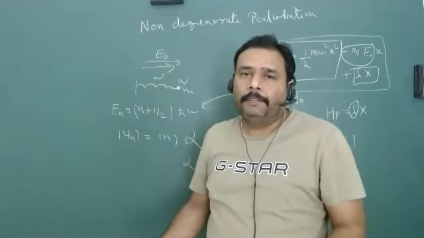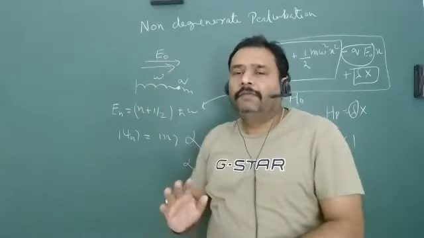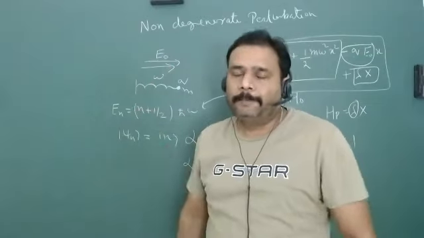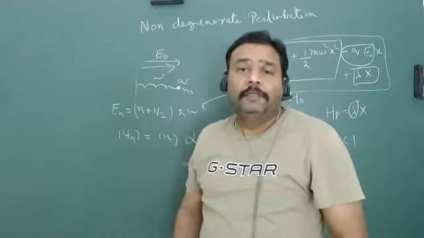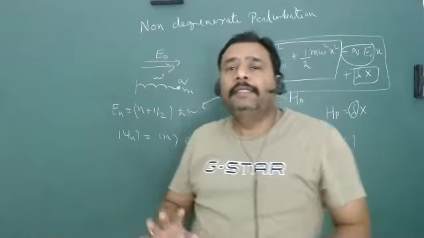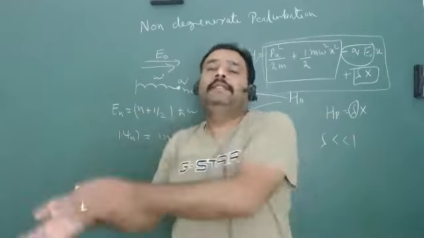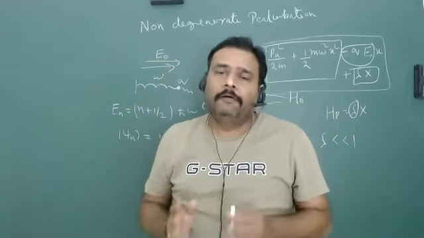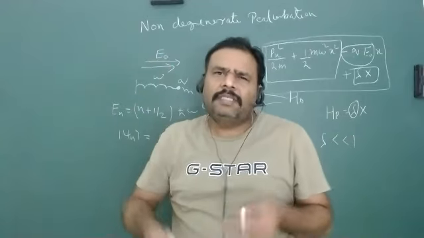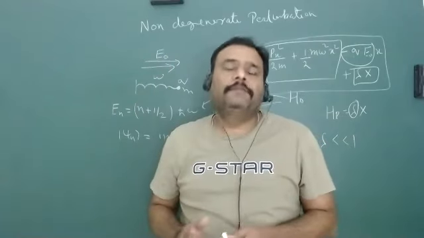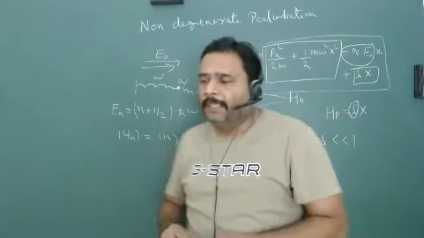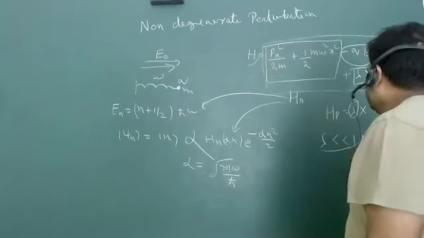Then the restoring force will be overcome by the electric field, and it will become another system. So I am not allowing my system to become another system. Rather, what I allow is some little bit of disturbance. So this kind of situation we want, which means this lambda must be very small.